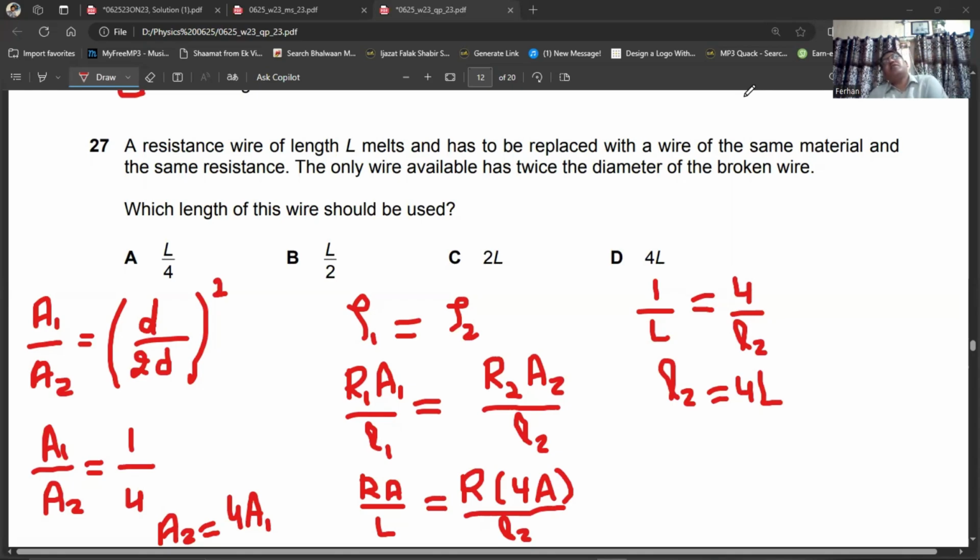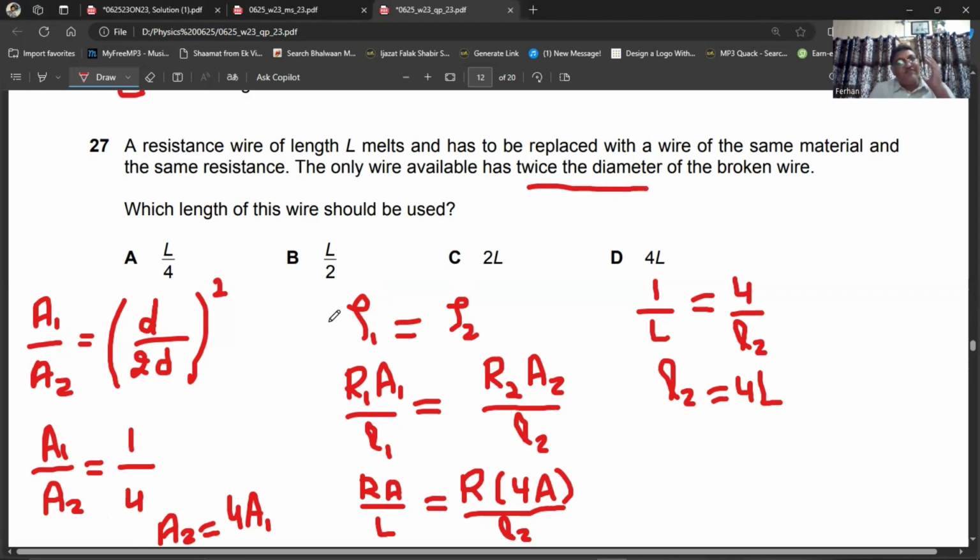In your mathematics, you have studied about similar solids. So area 1 by area 2 will be equal to diameter 1 by diameter 2 whole square. The wire 2 has a double diameter, so D and D will be cancelled. So it will become 1 and 4, since 2 square is 4. So the cross-sectional area of the second wire is 4 times the cross-sectional area of the first wire because it has twice the diameter of the broken wire.